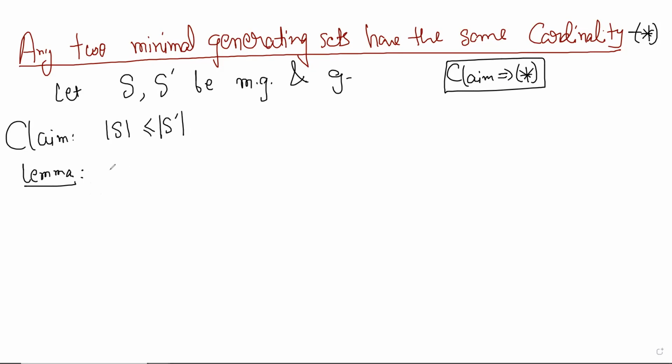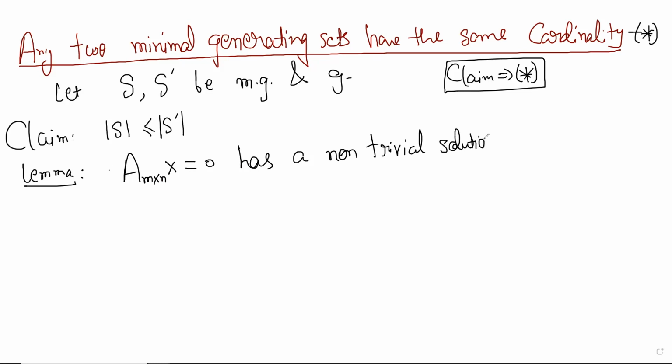And this will be that, if you have an m by n system, A x equal to 0, this system of equations has a non-trivial solution if m is less than n.